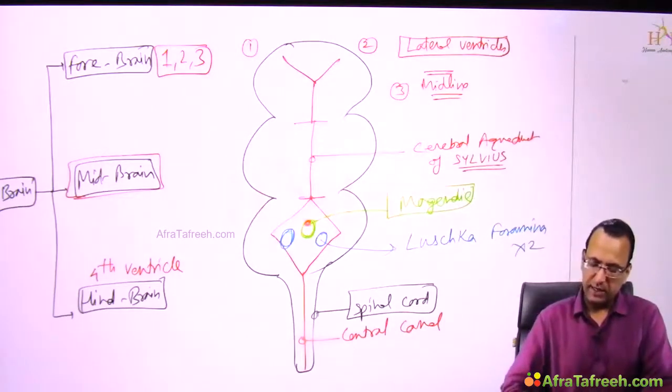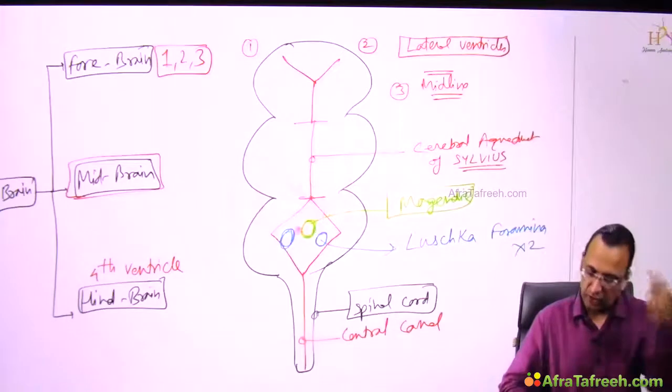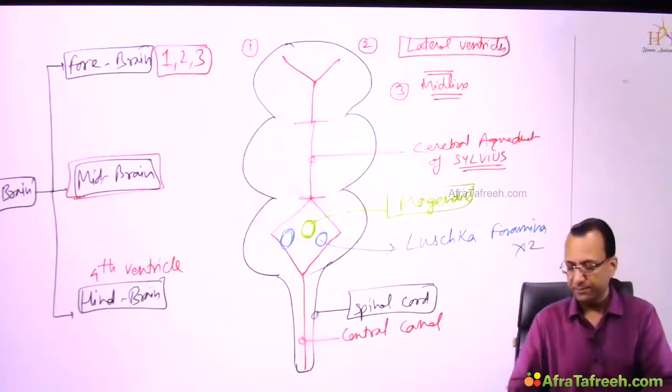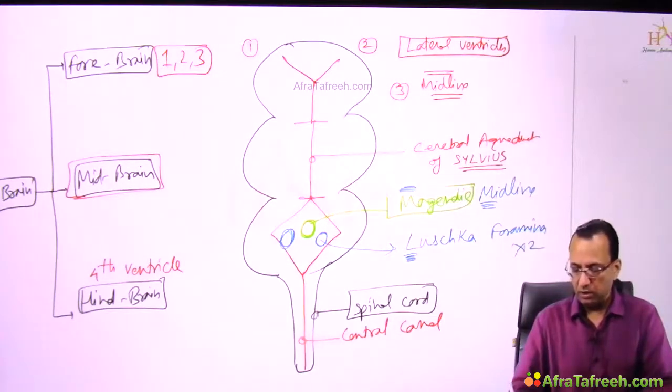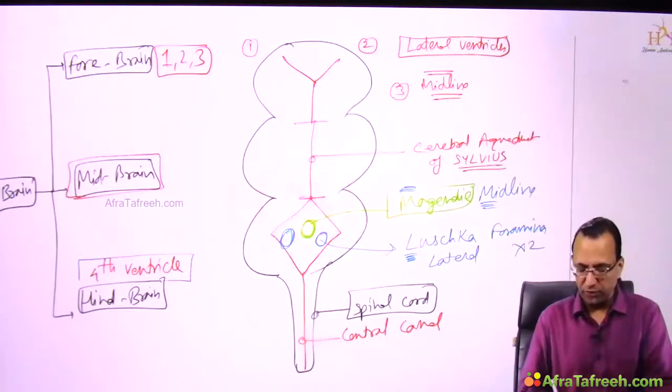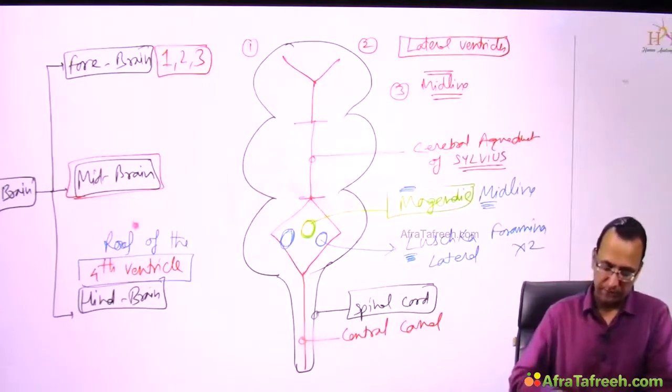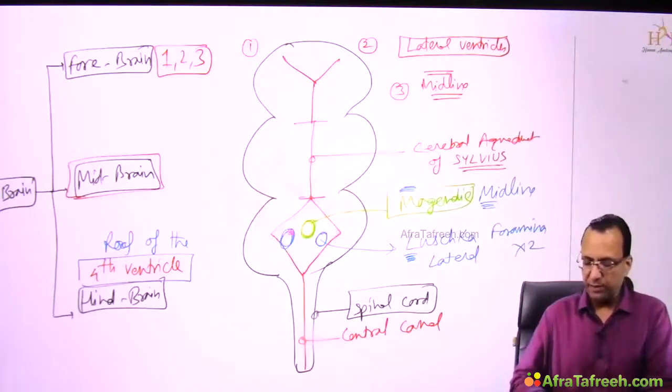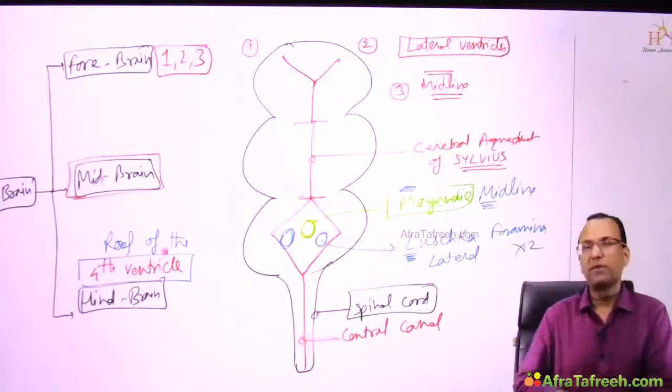So there's a midline foramen which is the Magendie foramen, and remember M M, midline is Magendie, L L, Luschka is lateral. These three foramina are present at the roof of the fourth ventricle. Now, what are they for?